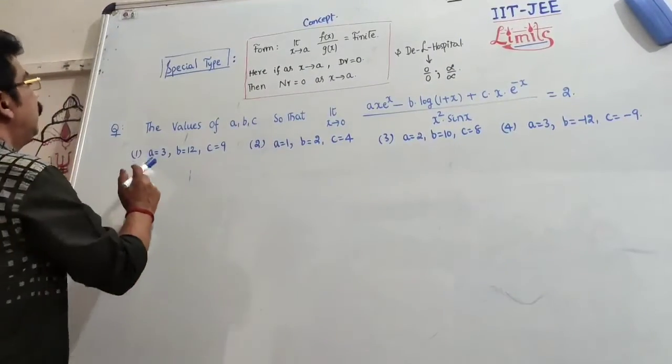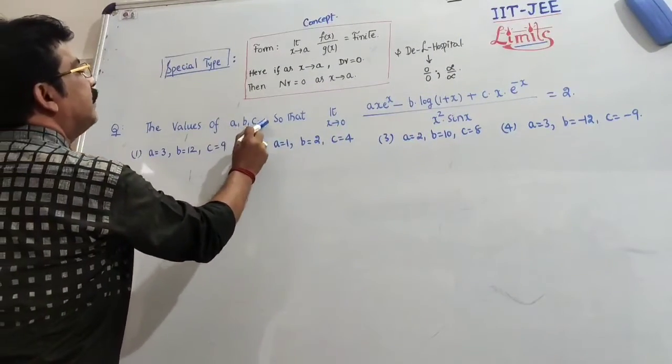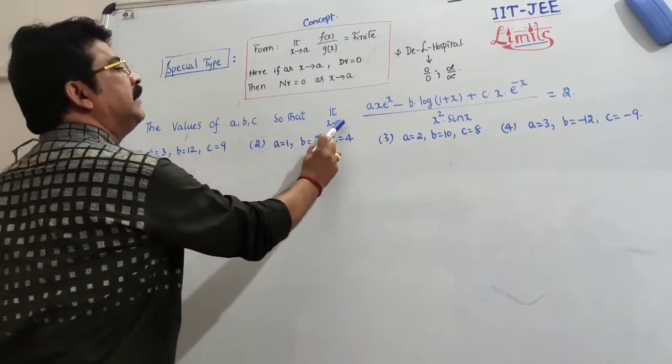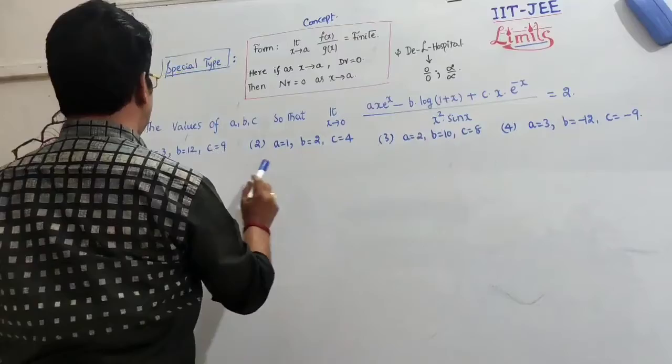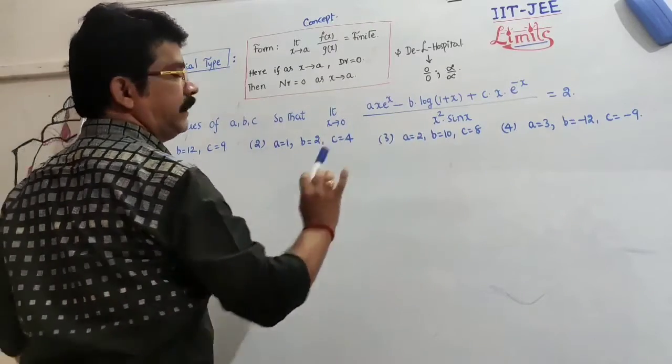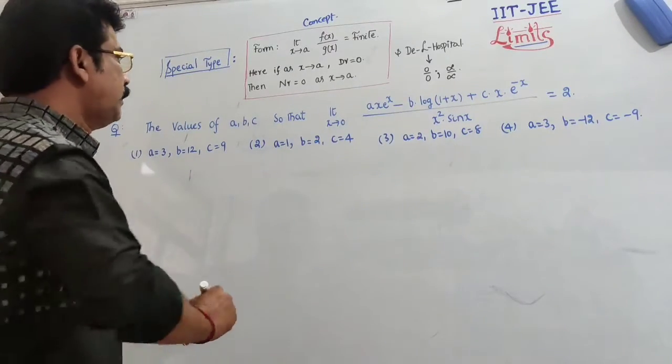Next question. The values of a, b, c so that this limit exists and is finite, that is equal to, then which option is right? This is the question.